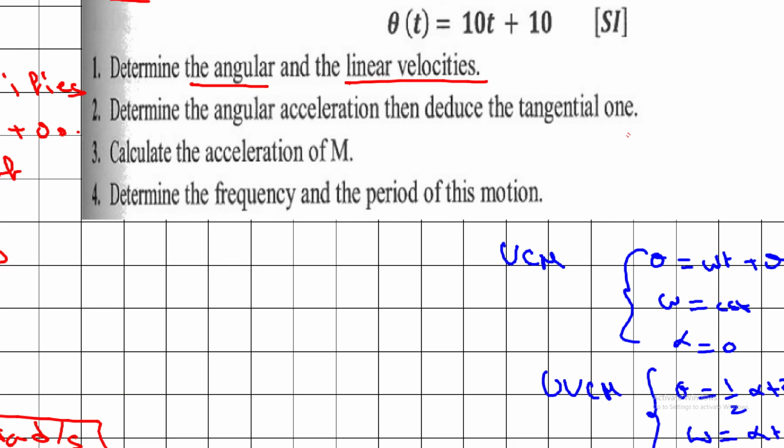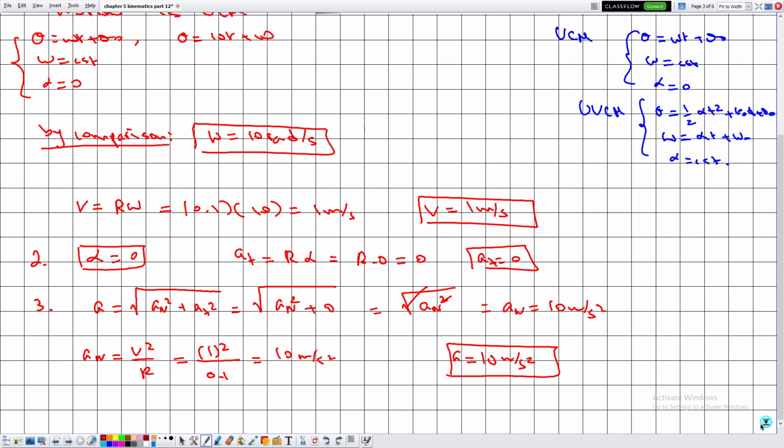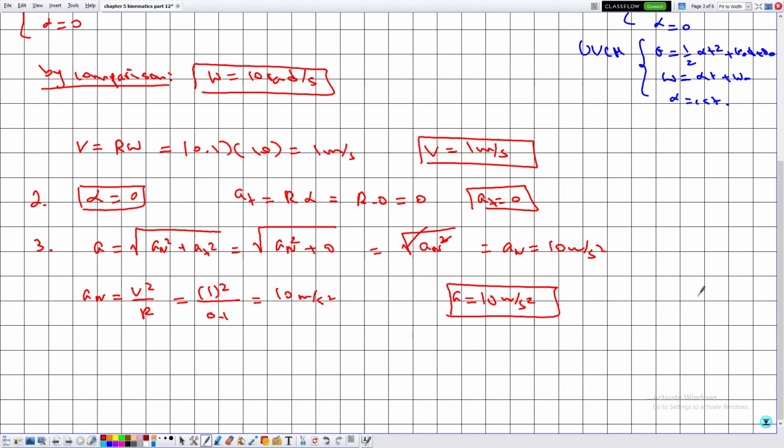Now finally in part 4 they are telling me to determine the frequency and the period of this motion. We know that omega and f are related via the following formula: omega is equal to 2 pi f. So if you are interested in f, then f is equal to omega divided by 2 pi. The value of omega is given 10.